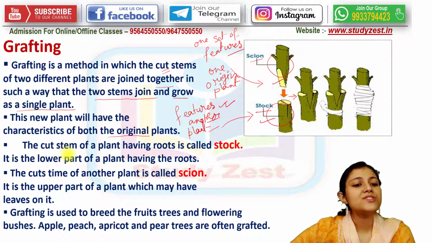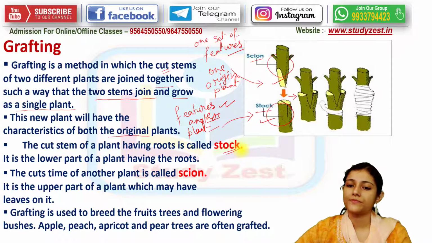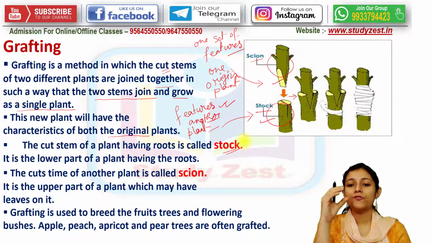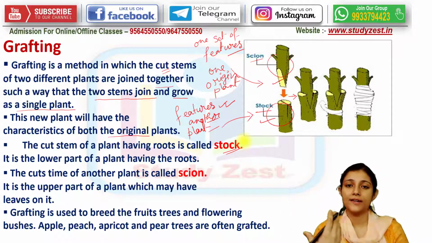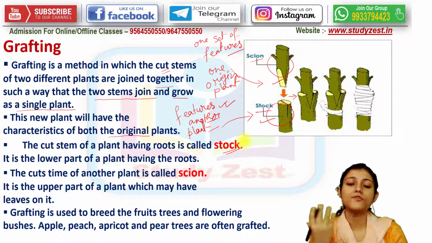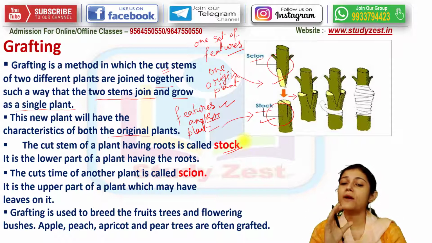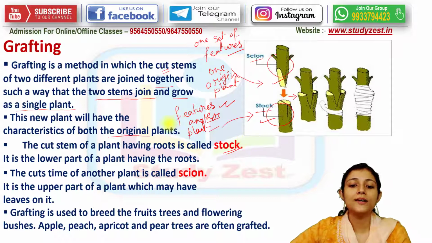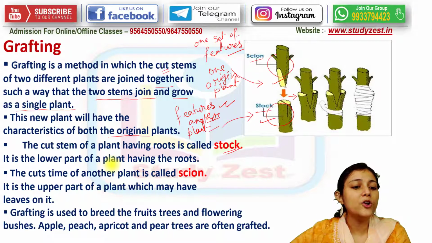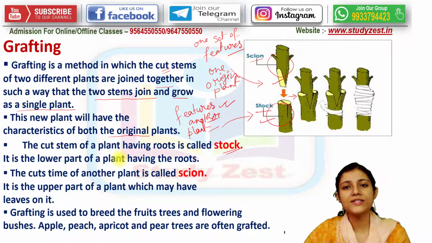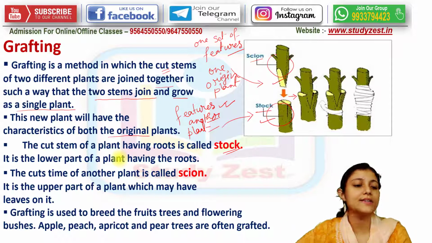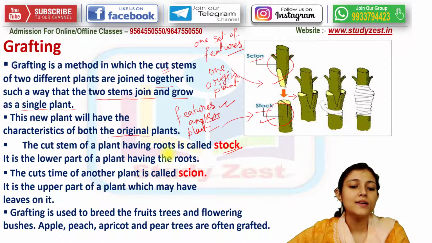So the cut stem of a plant having roots is called the stalk. The part of the plant from which the root is chosen is called the stalk. And it is the lower part of the plant, because it has the roots.